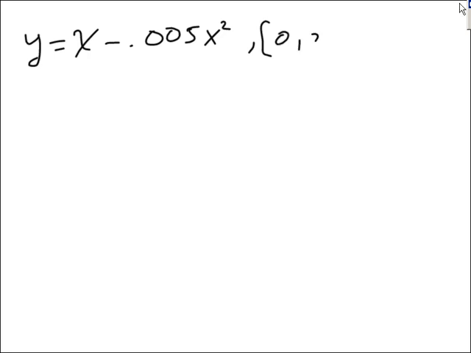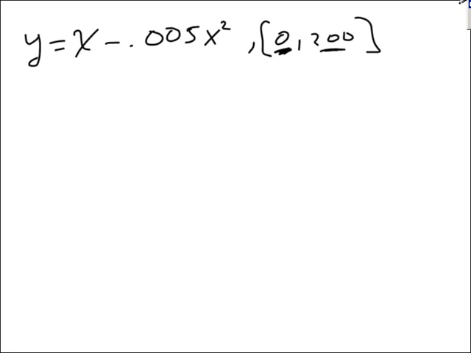Okay, so suppose we're given that f of x is equal to x minus 0.005x squared, and the interval is going to be 0 to 200. It's understood that those are x values.